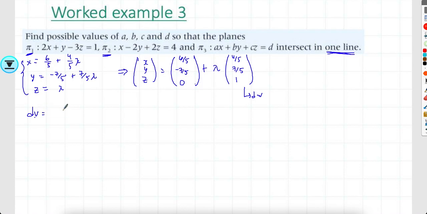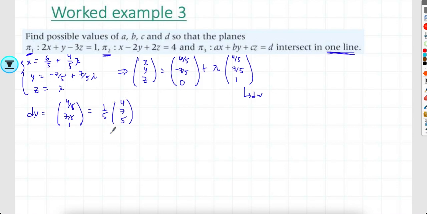The direction vector is 4 over 5, 7 over 5, and 1. But you can actually take out a factor of 1 over 5 and end up with 4, 7, and 5. It's just a nicer direction vector to deal with here. We're not replacing it in the original, keep that in mind. We're just picking this for now.